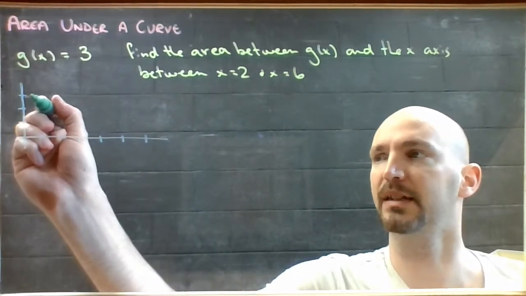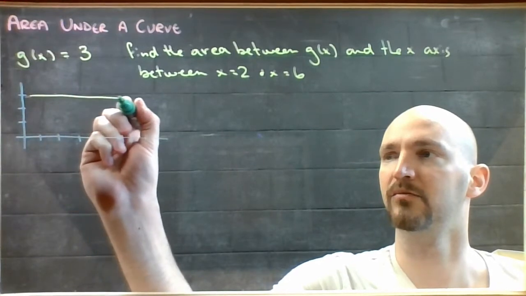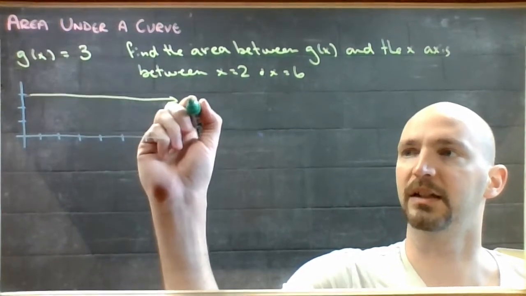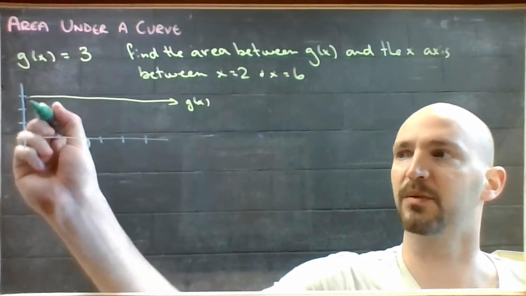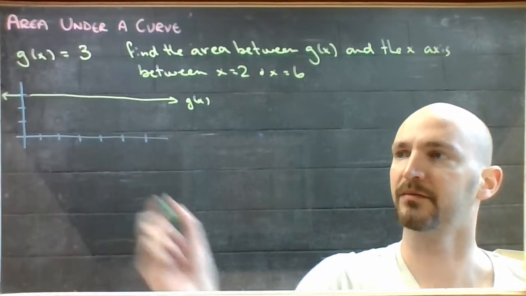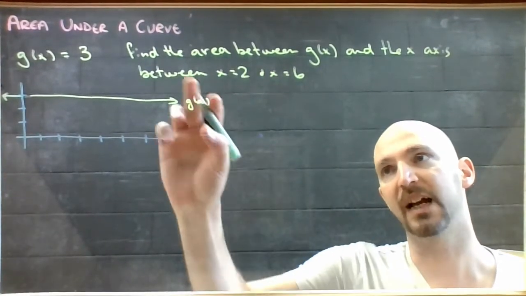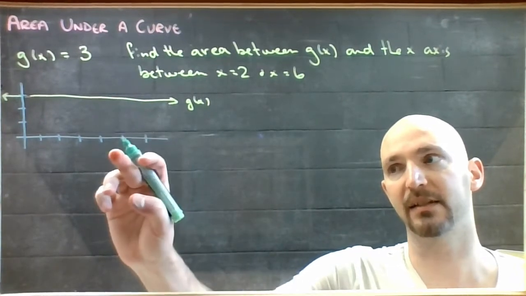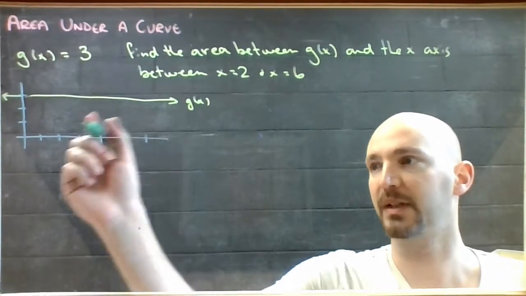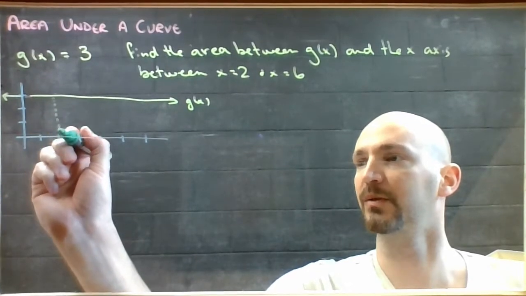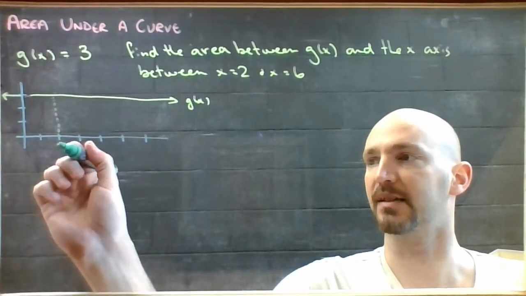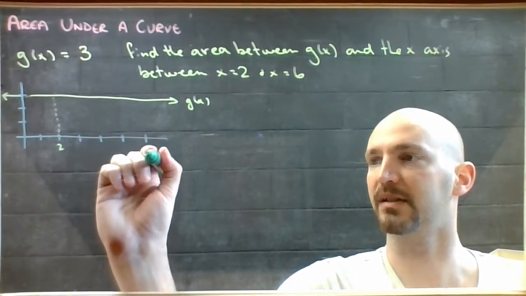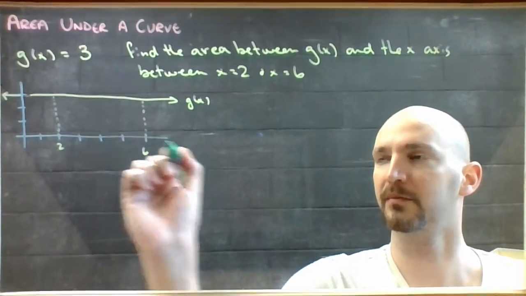So it's going to look like this. There's g of x. I suppose it goes in both directions. And I've been asked to find the area between this line and this axis, between x is 2 and x is 6. 2, 3, 4, 5, 6. Okay.